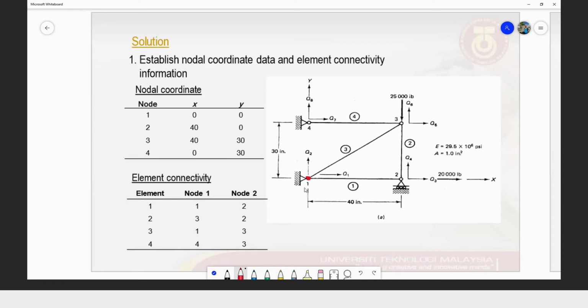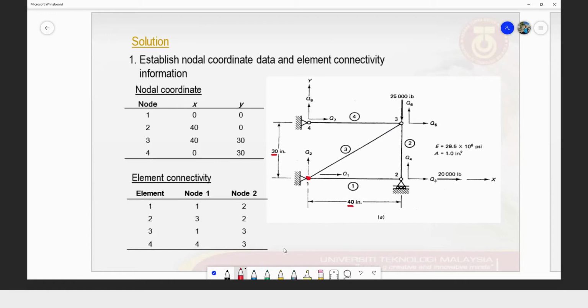So I will have x0 and y0 at node number 1, and then the length of my element number 1, which is 40 inch, and the length of the structure in the vertical direction, which is 30 inch. All right.